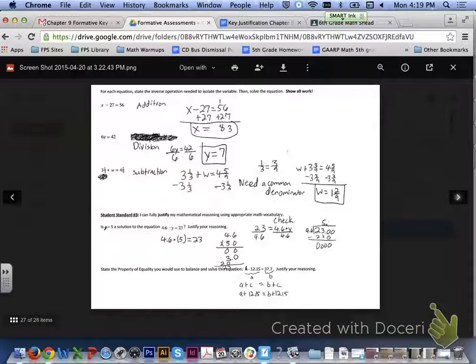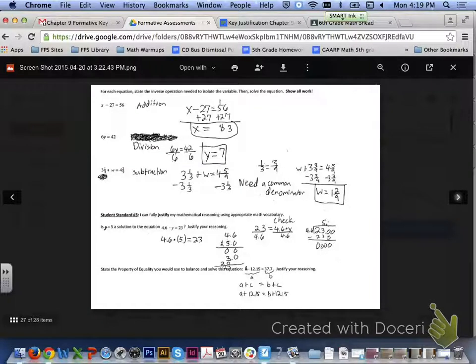The next one, 6y equals 42. The operation to undo multiplication is division. So 6y divided by 6 and 42 divided by 6, so y will equal 7. So getting y by itself.